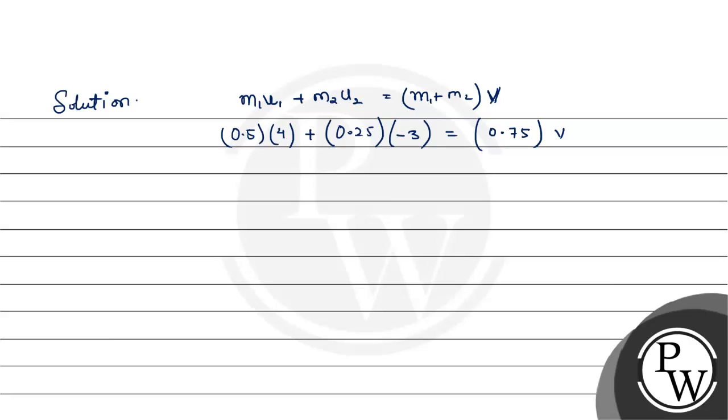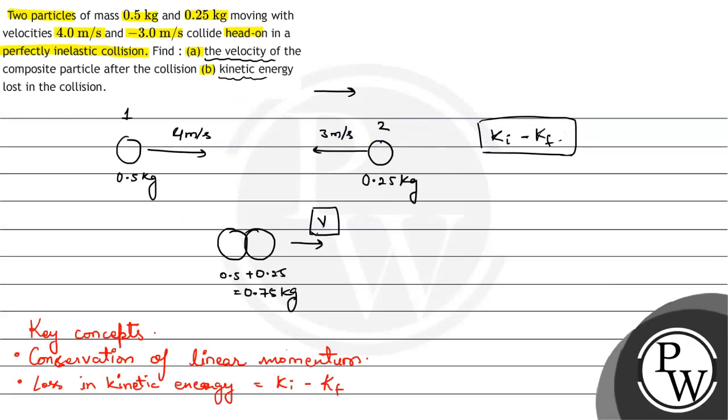So from here, solving this, we get 2 minus 0.75 is equal to 0.75 times v. So from here we can calculate v is equal to 1.66 meters per second. Now it has come to be positive, so the particle will be moving in this direction.